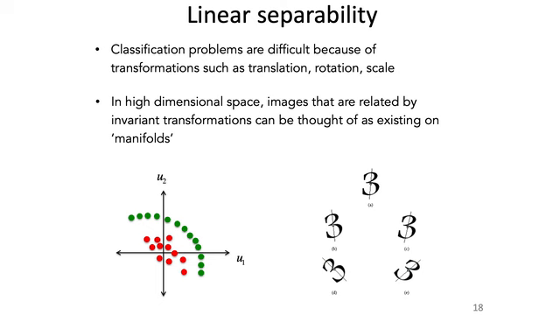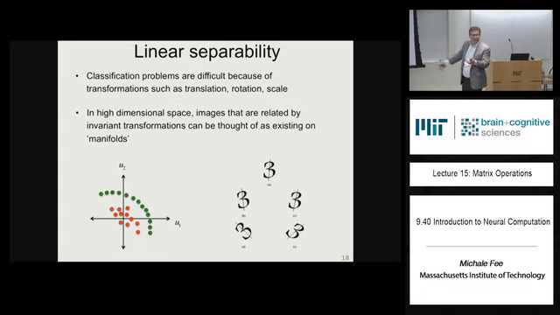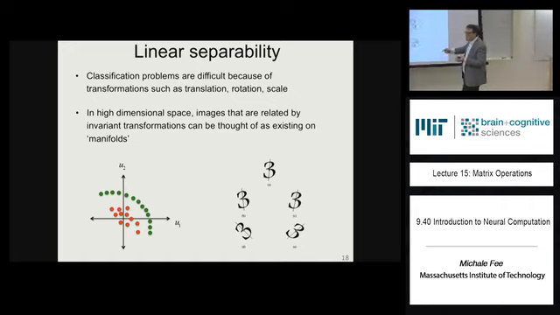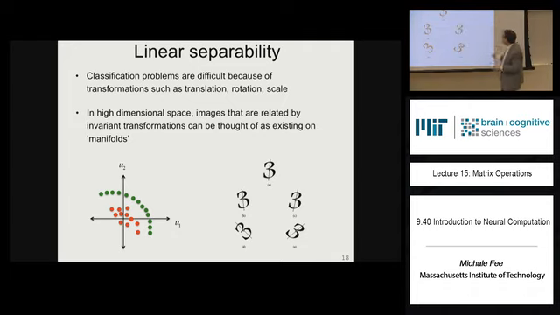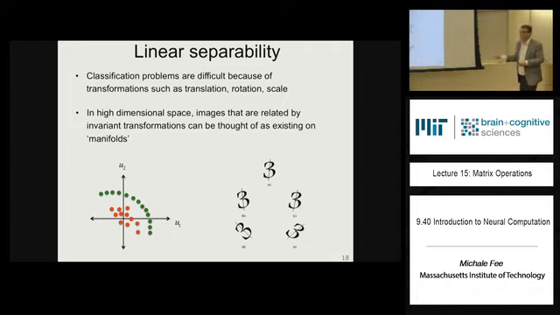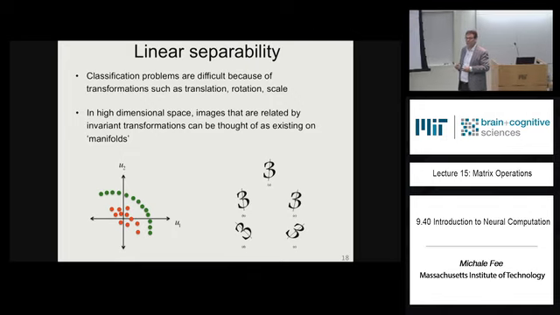And that's because in the high-dimensional space, they exist on some what's called a manifold. Okay? They're like all lined up on some sheet. So this is an example of rotations. All right? And you can see that all these different threes kind of sit along a manifold in this high-dimensional space that are separate from all the other numbers. Okay?